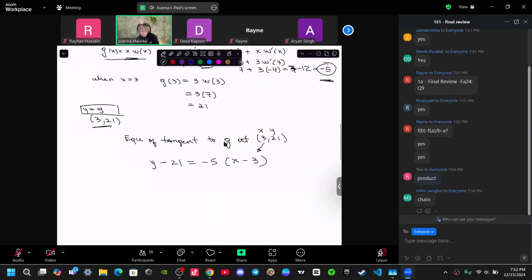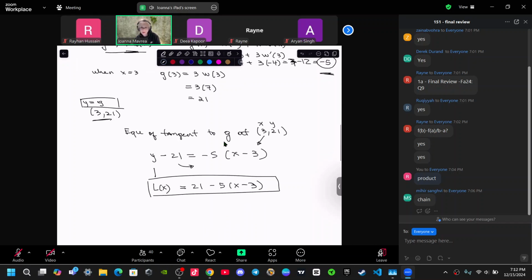Okay, so now I'm going to rewrite this, leaving the y-coordinate alone and calling it L, capital L. You don't have to. I do. I'm going to call this L of x, meaning this is the y-coordinate on the line, on the tangent line. So I'm going to throw everything else on the other side. So this is the equation of the tangent line to the graph of g.